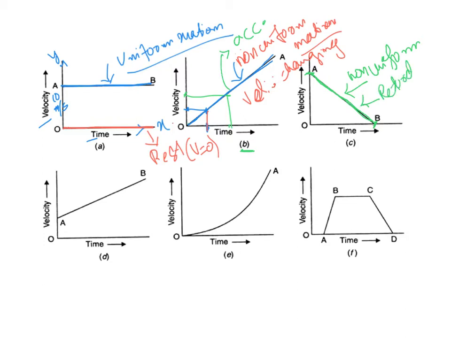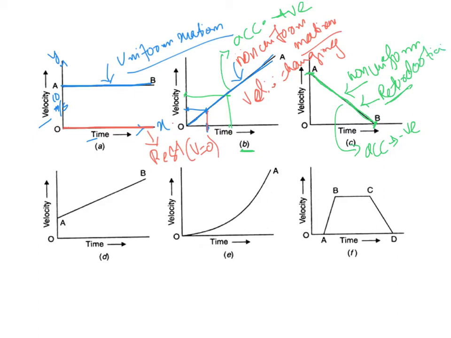That's why as time is going, my velocity is reducing. This is also non-uniform motion, but here I will say my acceleration is positive. In this case acceleration positive, here I will say acceleration is negative. Acceleration negative means retardation, or I have applied my brakes.